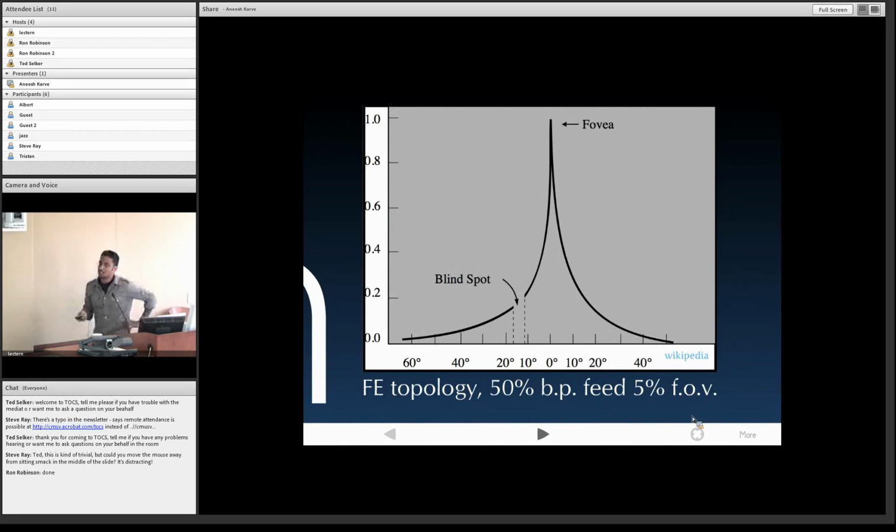And what we see is that at high acuity, you can only resolve about 5% of your visual field. The way that this plays out is that 50% of your so-called brain pixels are dedicated to only 5% of your visual area. And the important thing I want you to notice is that this has a focus plus context structure. There's an area of very high acuity where we're showing all of the detail that's available to us, and then very quickly, as we move out from the center of the eye, the acuity drops very sharply.